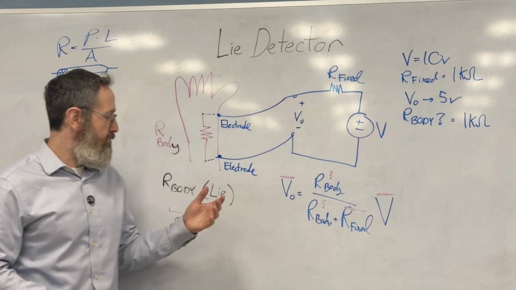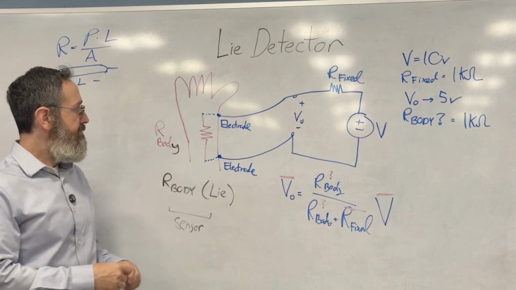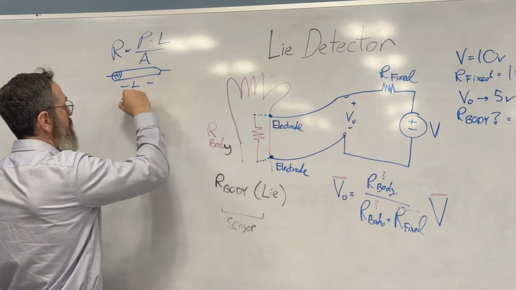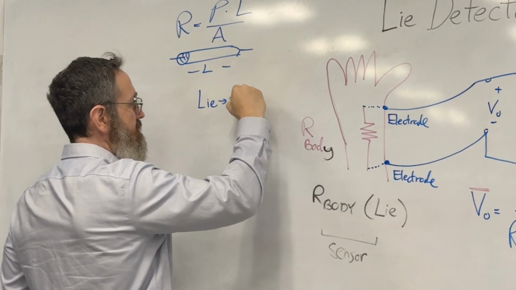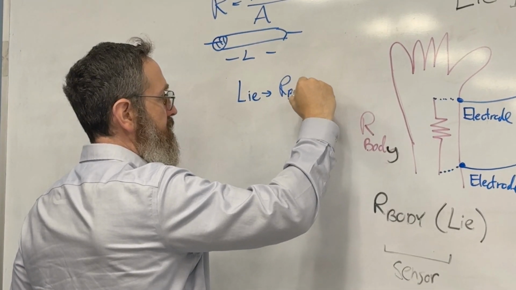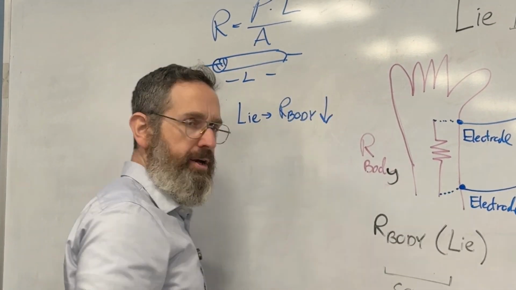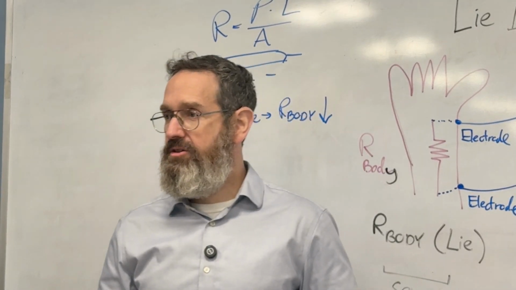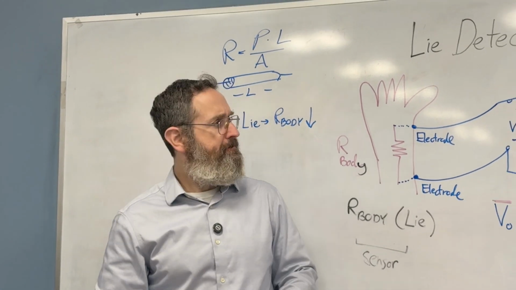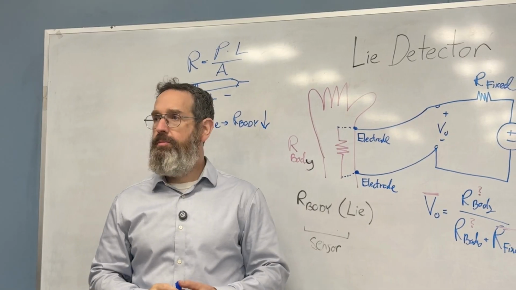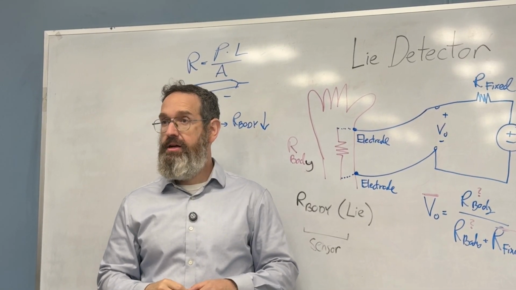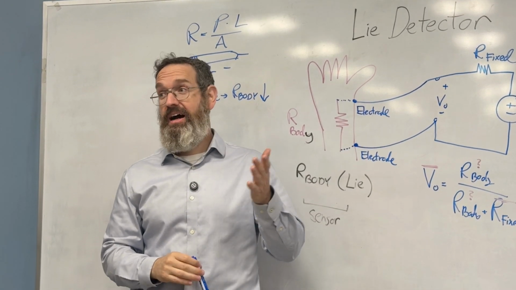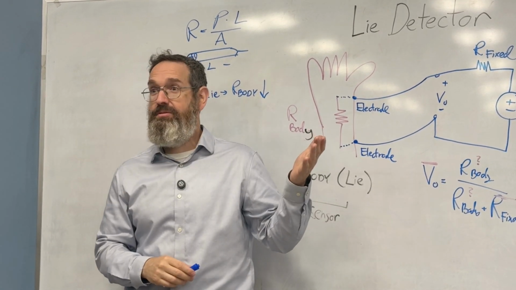So we're going to say that when you lie, your resistance decreases, right? When you lie, your resistance decreases. Well, she's at 1 kilo ohm. Did she take your candy bar? The last 9 times she did, but she swears that this time she didn't.